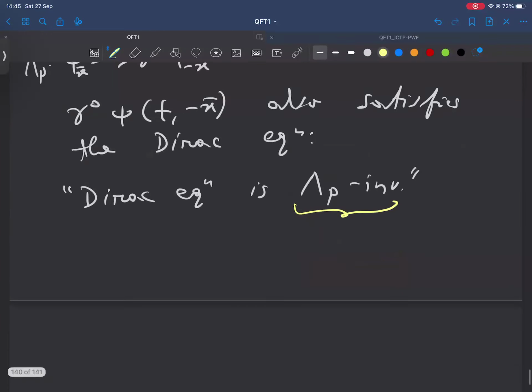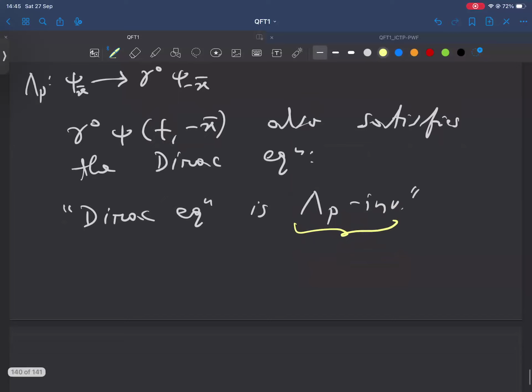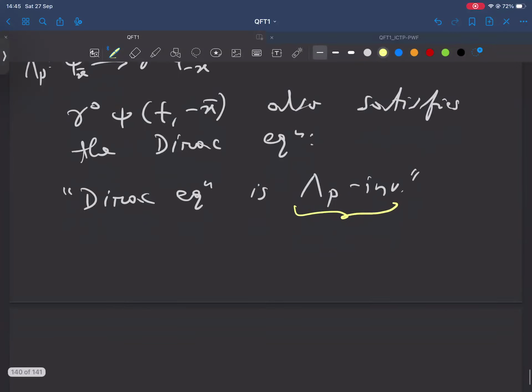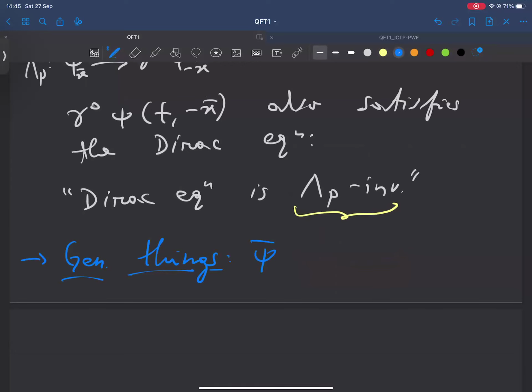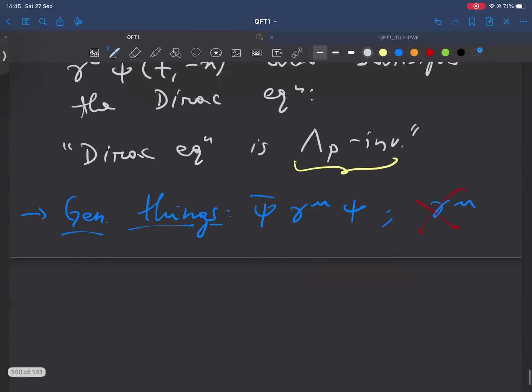Now let us come back to the question that was asked on the chat regarding vectors. Let us see what more general things we can do apart from vectors. As I said, this thing was a vector, but not just gamma mu itself. Now let's see what other things we can build. We already had a scalar.